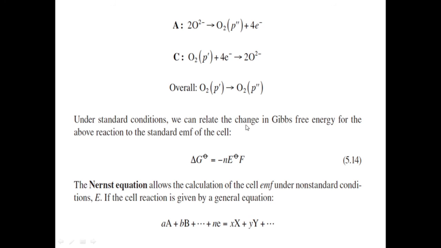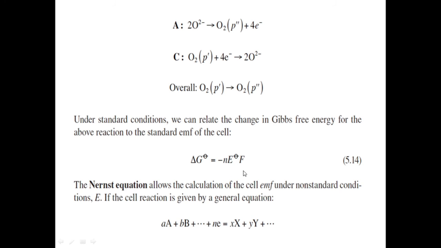Under standard condition, we can relate the change in Gibbs free energy for the preceding reaction to the standard EMF of the cell: delta G is equal to minus nFE0.